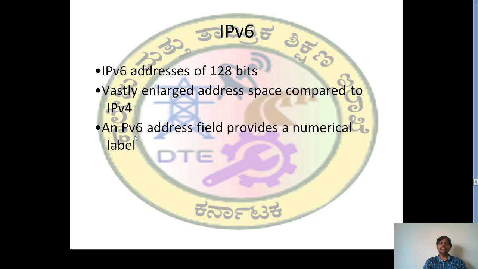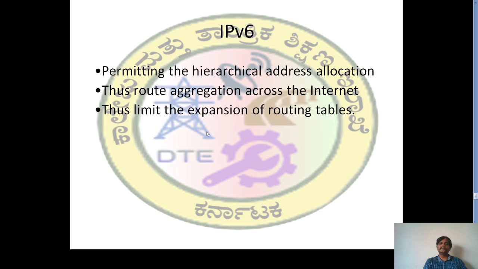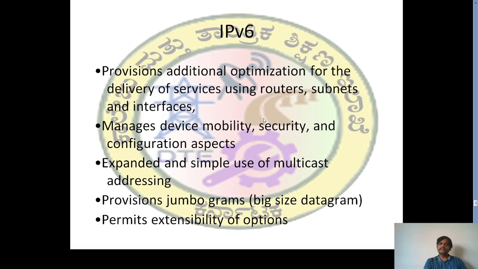An IP version 6 address field provides a numerical label. It identifies a network interface of a node or other network nodes and subnets participating in the IP version 6 internet. A device is called a node when it communicates on a network. It permits hierarchical address allocation, and thus it can perform route aggregation across the internet, and therefore limits the expansion of routing tables.